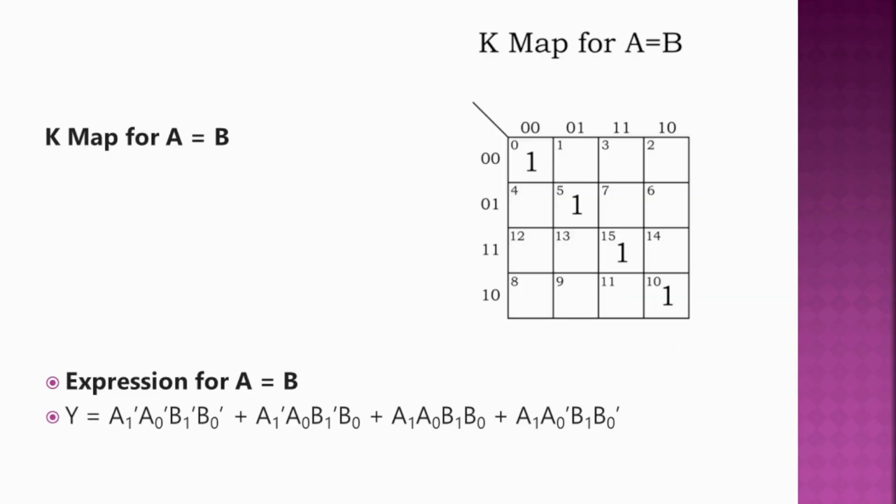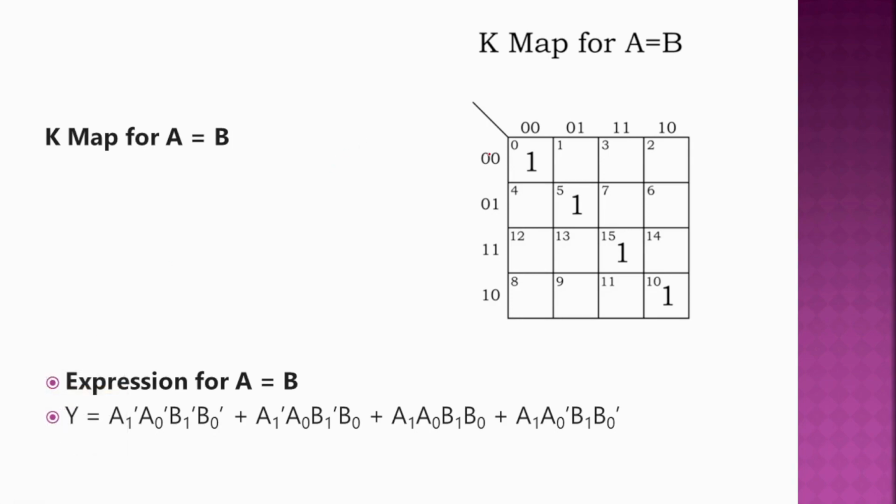So this is a K map for when A is equal to B. You need to fill this 1 in the particular cell with the help of the truth table.